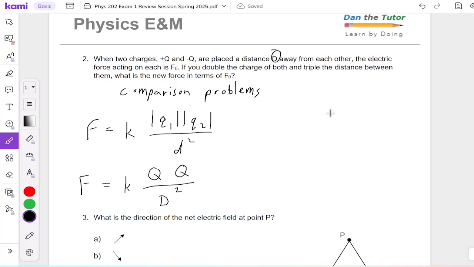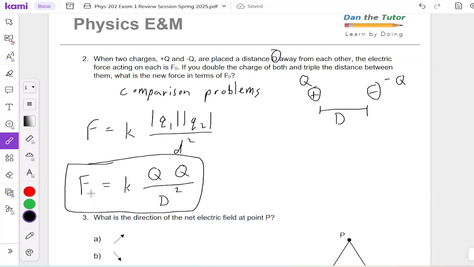By the way, if you want to draw a picture of this, you can. Like here's positive Q, and then here's negative Q, and then they're separated by distance D. If you feel more comfortable with the picture, please draw it. It only helps. But this right here, not my final answer, but this is F naught.